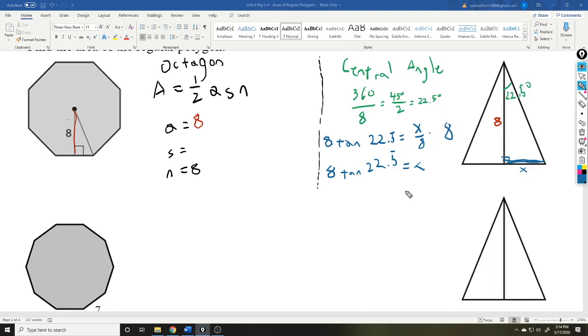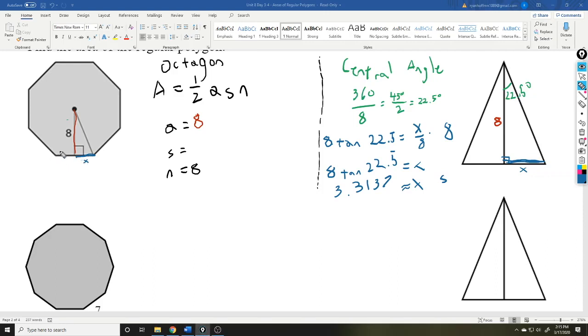So now that we've solved for x, well, that's not quite our side length. Let's get a rounded answer here. Our actual side length would be all the way across here. Because if I go over in this diagram, this is what I just found for x. That was my value for x that I just solved for.